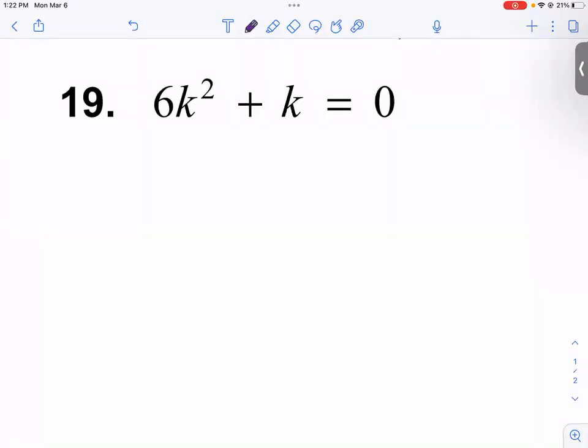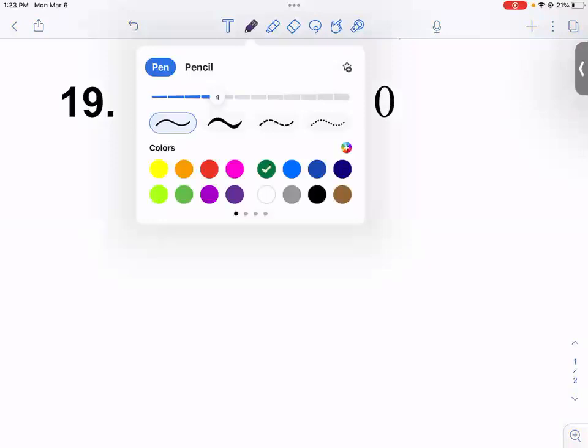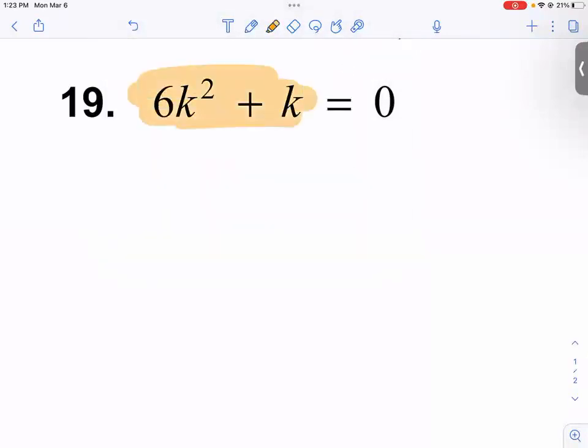It equals 0. So what we're going to need to do is factor out the GCF and then use our zero product property. Okay, so for this stuff right here, what's our GCF?